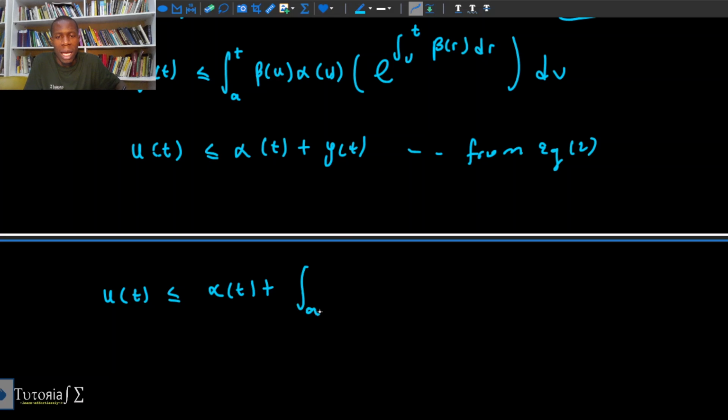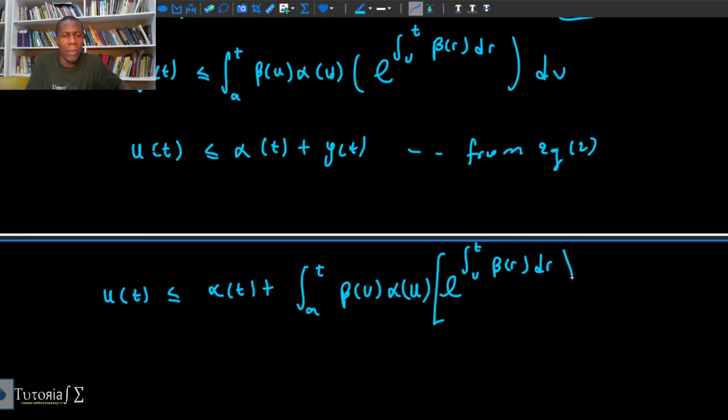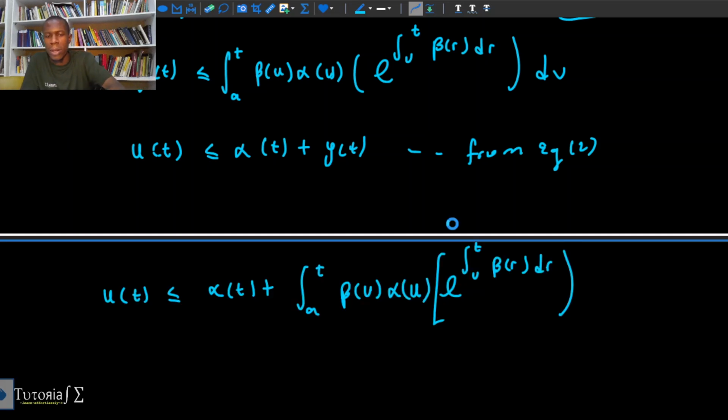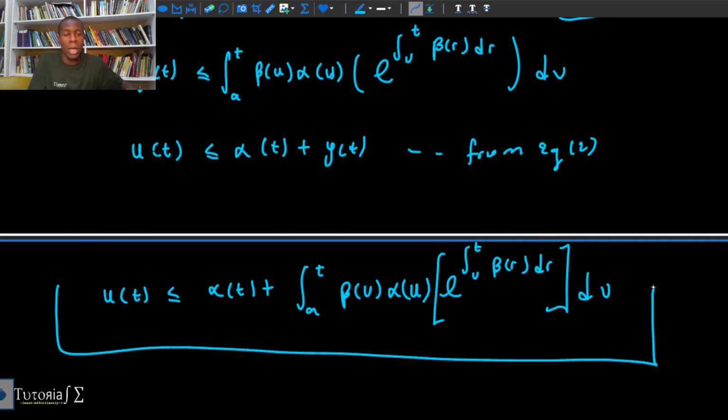So we have the integral from a to t of beta of u alpha of u, in brackets e to the integral from u to t of beta of r dr, then du, and we're done. So this proves Gronwall's inequality.